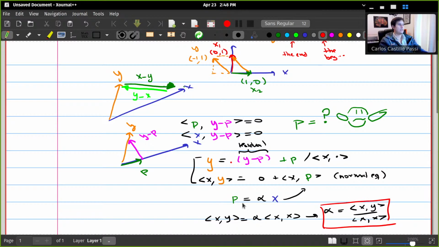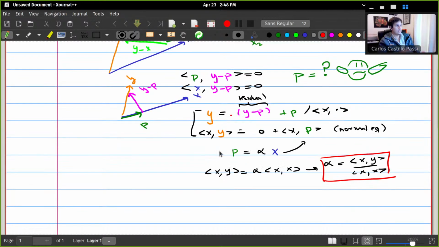Okay, so that means that finally the vector p equals the projection onto x of the vector y.